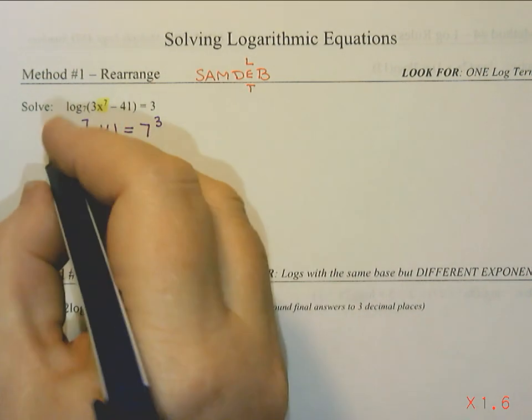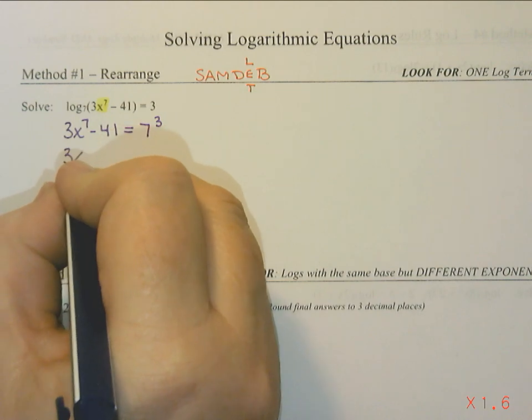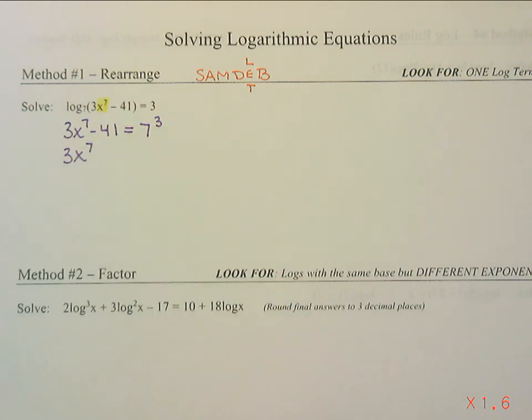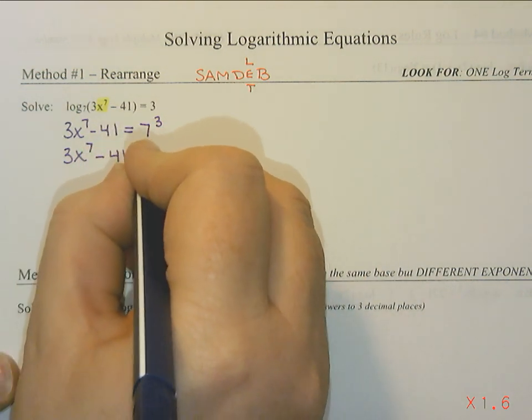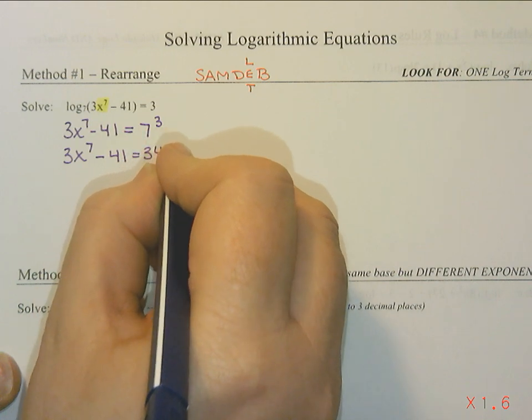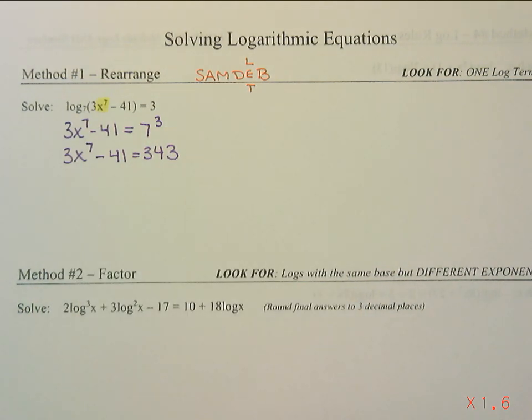Okay, we're going to work out 7 to the power of 3. I don't have my calculator with me. I think it is 343. Let me just check on the computer. It is 343. So that is 343, and then to that, I am going to add 41 to both sides.